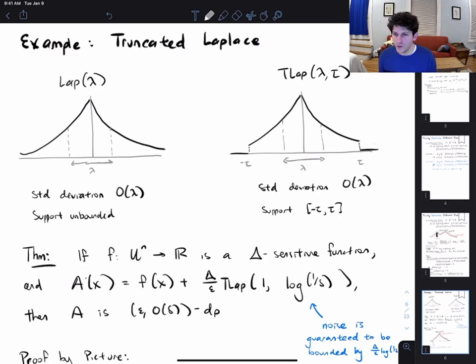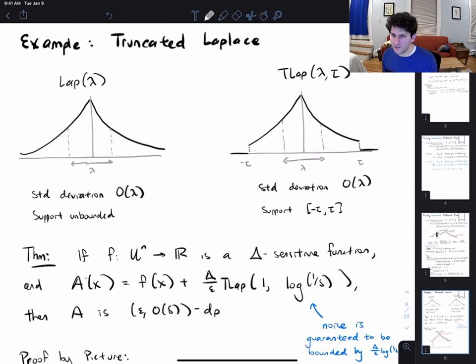So what if we want some guarantee that the error will never be too big? There'll be some upper bound on the error. Well, we can consider adding noise from something called a truncated Laplace distribution, which has the scale parameter lambda and an extra parameter tau. We'll think of tau as much bigger than lambda.